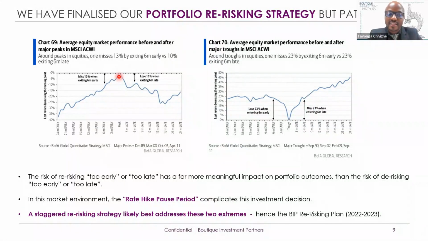And I think if you look at this study, when you're trying to take profits or get out of the market, if you do it a bit too early, you miss out on the upside. If you do it 6 months a bit too late after the peak, you miss about 10%. We would clearly have lost out on this 10% because it is very difficult to time these things correctly. But fortunately, I think we are still safe from the remaining part of it.